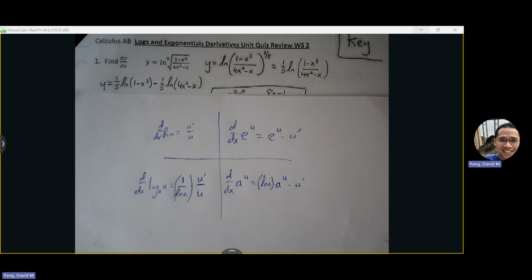I also want you to tear off worksheet 3 so that you're only having worksheet 3 on your desk. And number 2 is going to be log differentiation. Okay, tear off worksheet 3, put everything else off your desk. Go ahead and get started.